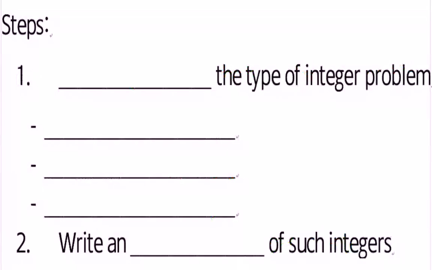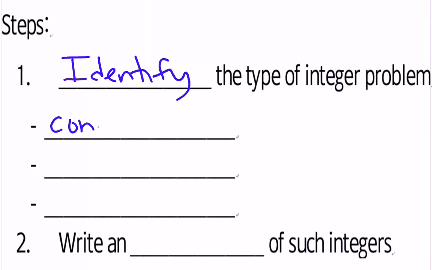Okay, let's look at our steps for doing these integer problems. The first step is to identify the type of integer problem we're dealing with. Are we dealing with consecutive integers?